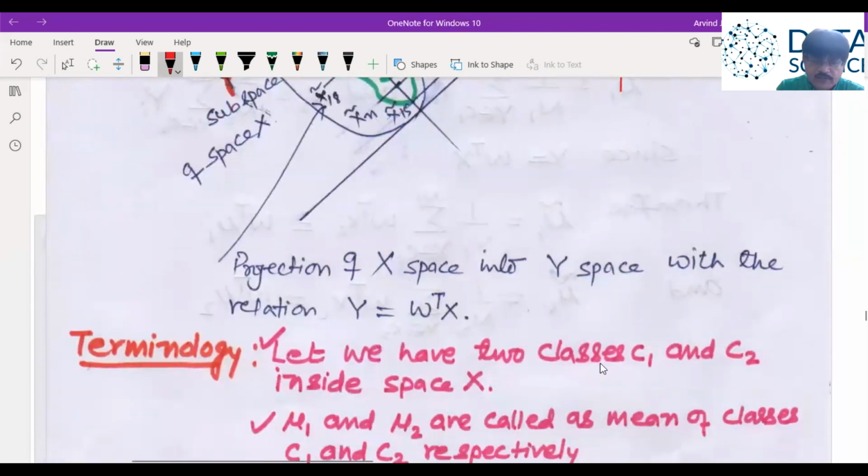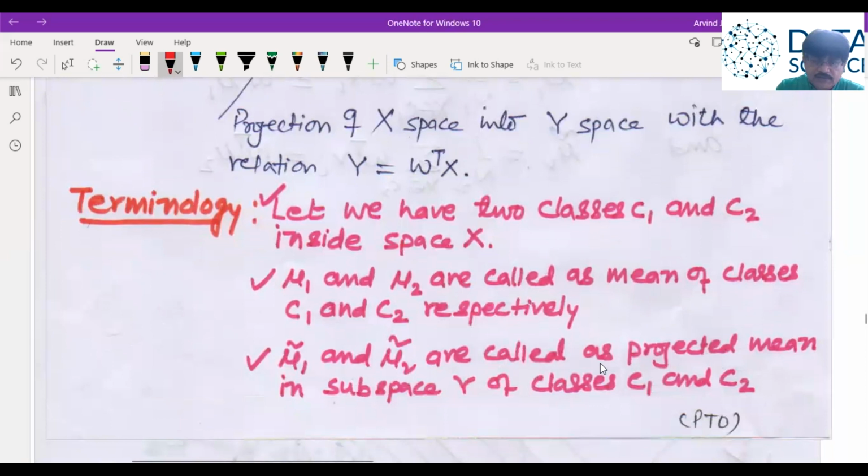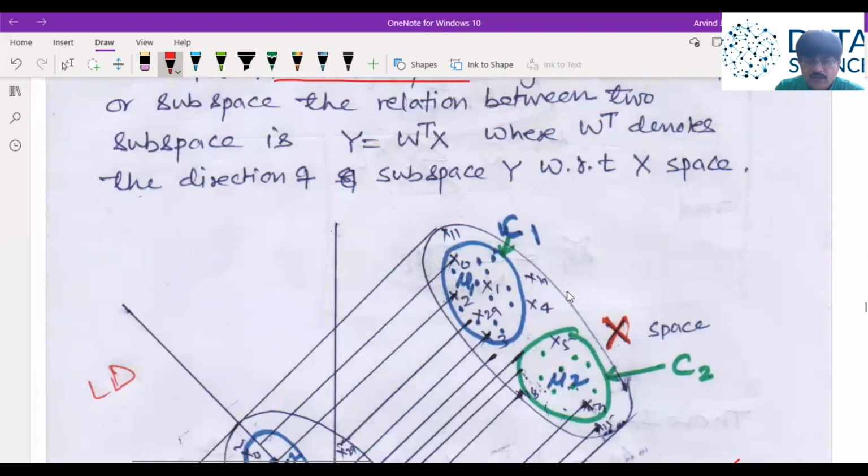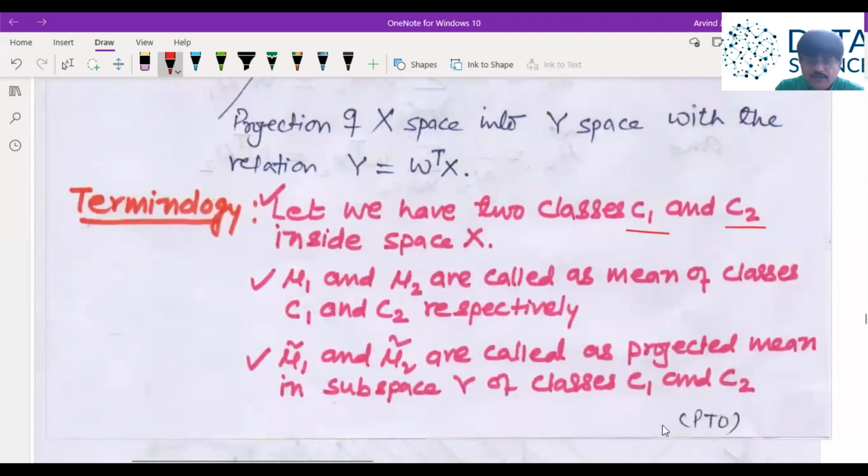Now there is some terminology you should know. We have two classes, C1 and C2, inside space X. As you are seeing, this is C1 and this is C2. This is space X, and we have two classes. mu1 and mu2 are the means of classes C1 and C2 respectively.